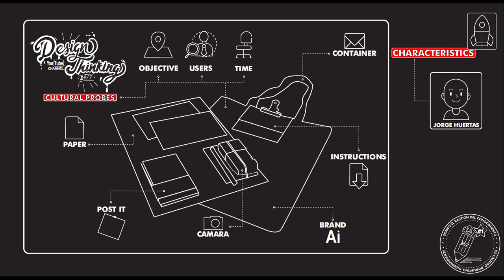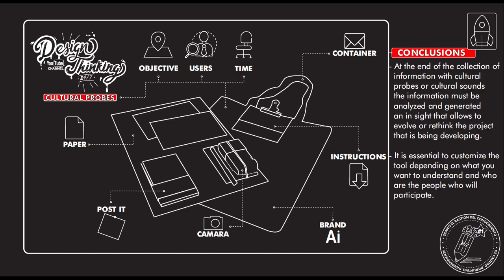So of course the instructions are extremely important because you will say what you want to find out. Basically you use it in the empathy stage because you want to know more about the user, so they have to have specific characteristics. And the idea is that they write, take pictures, draw anything that is meaningful and could be useful for our development.